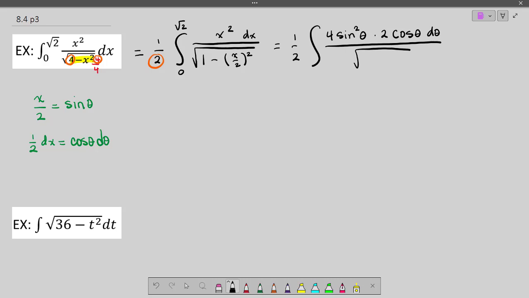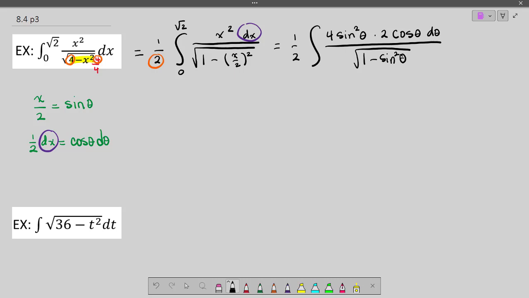So that dx up here is going to get replaced with 2 cosine of theta d theta. And then down in the denominator, we're going to be left with 1 minus sine squared of theta. So we're good there.